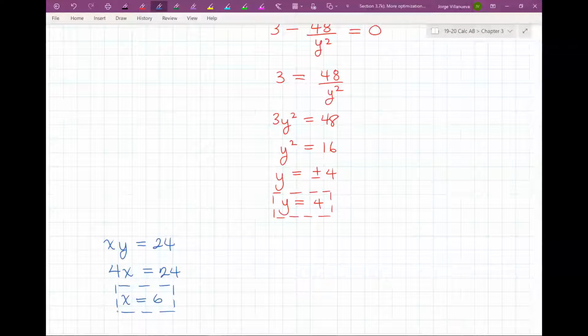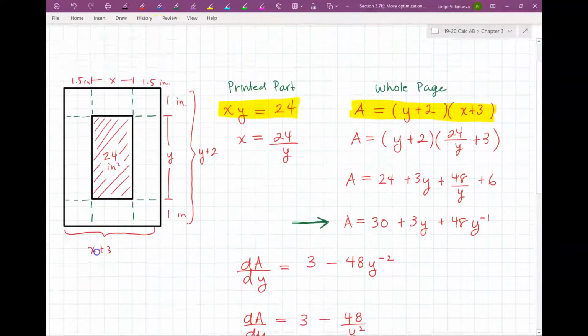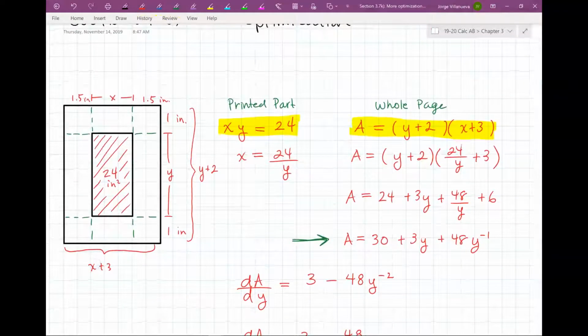So now according to the whole paper, looking at this picture, the width of my whole paper is supposed to be x plus 3, and the height of my whole paper is supposed to be y plus 2. That's right here, y plus 2, x plus 3.